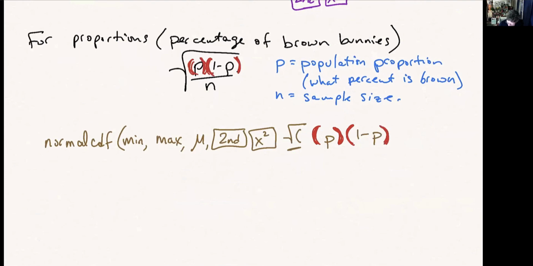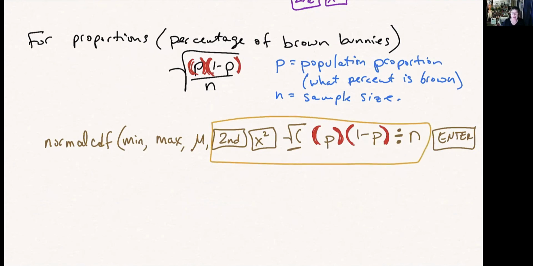Then you're going to do divided by, and put in n, and hit enter. If you would like, you could calculate this separately first, enter that whole value, and then put it into the normal CDF.